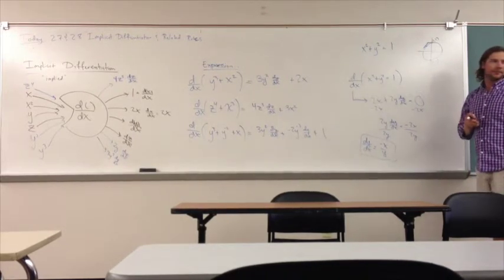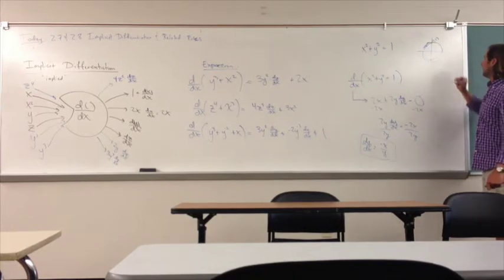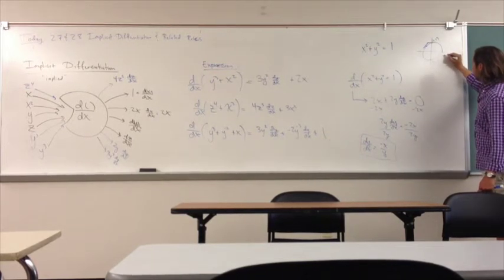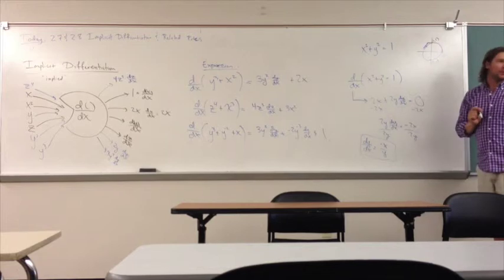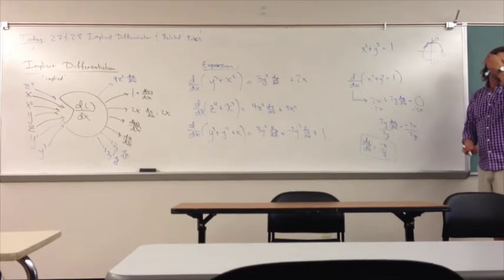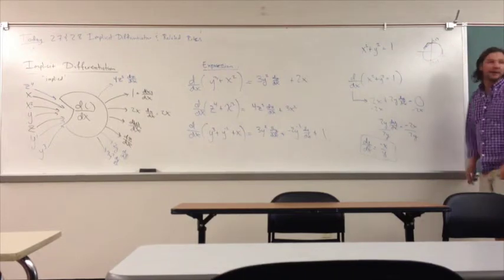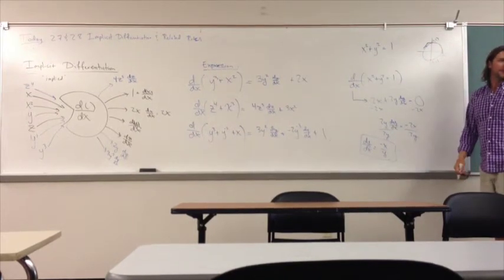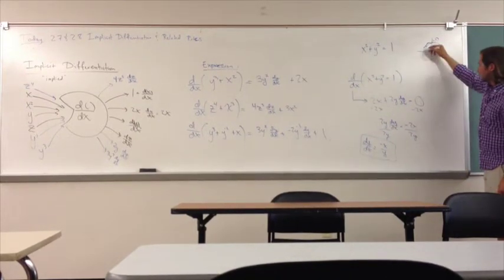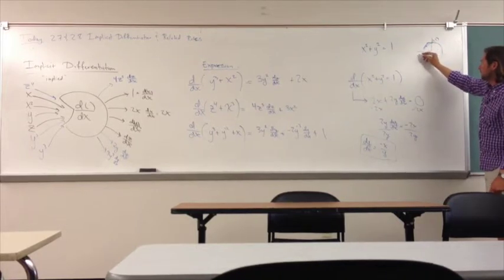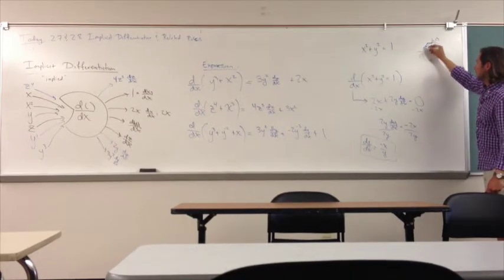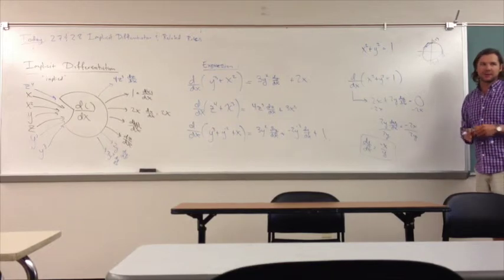What's the slope? 0. Okay, here's the point 1, 0. What's the slope? Undefined, because it's going to be negative 1 over 0, which is undefined. That's good because the line is vertical there. The slope's undefined if the line is vertical. Same thing over here at negative 1, 0. My slope would be 1 over 0, which is undefined.